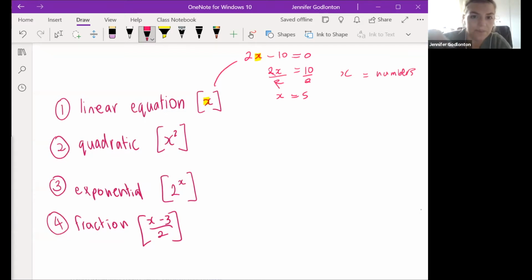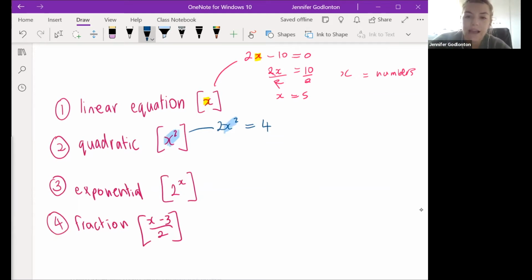That's for a linear. For a quadratic, so when we have an x squared involved, we don't want to do that. So if I have, let's say, 2x squared is equal to 4x, then we want to move everything to one side and make it equal to 0.